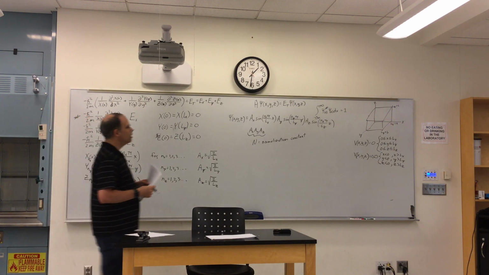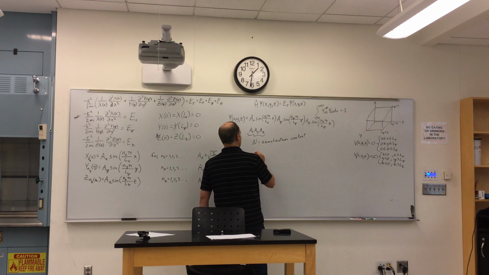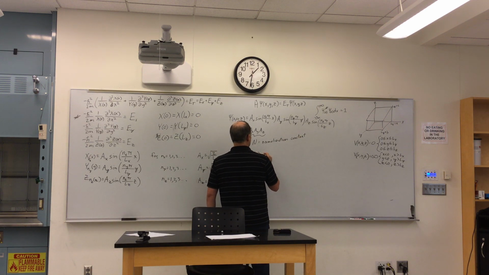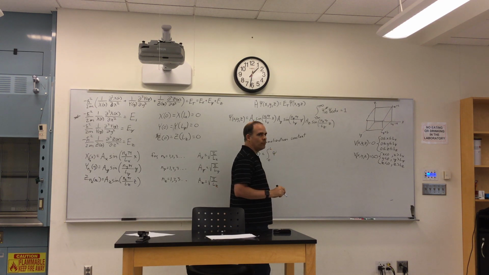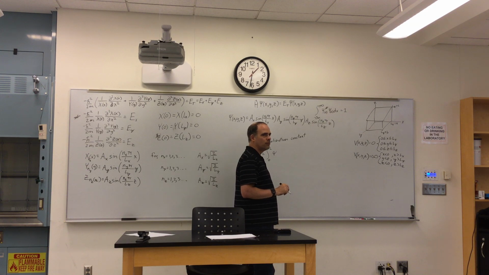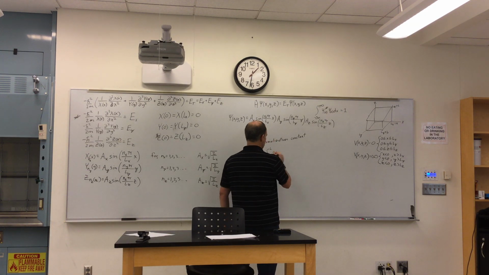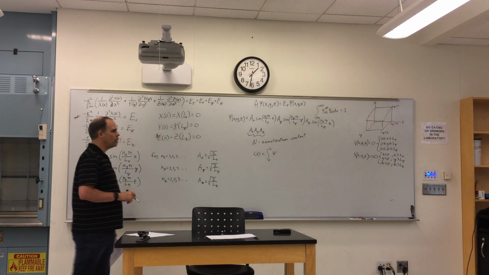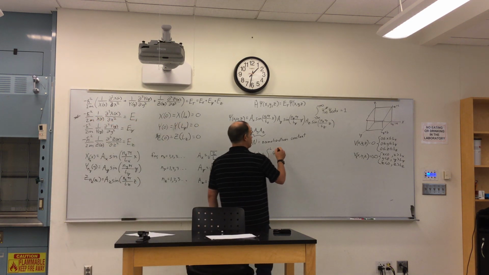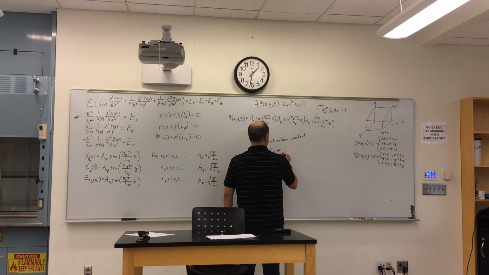So when you're finding the average value of x, 0 to L, the wave functions that you're using are the normalized wave functions. And so you need to know what the normalization constant is, so you can be applying psi star x psi dx.